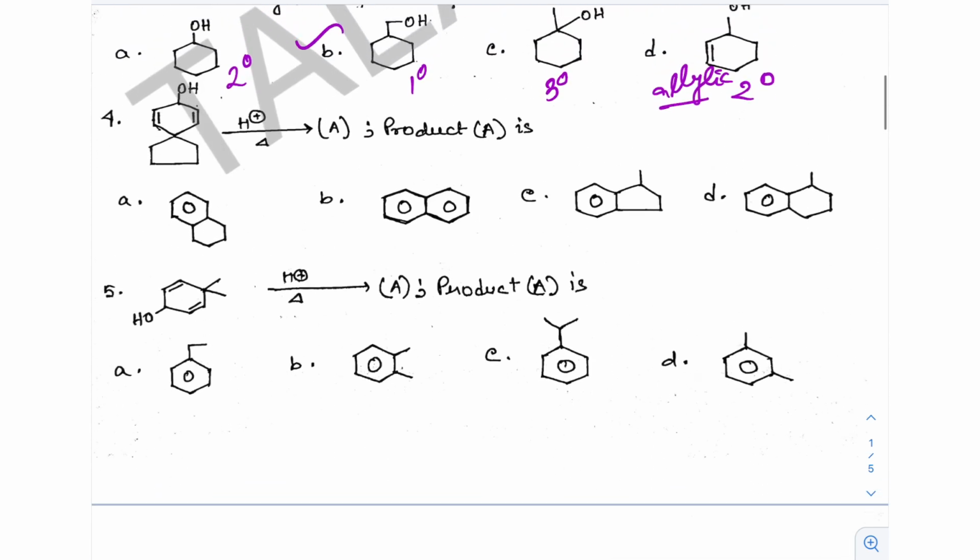We will move to question 4. So this is a spiro sort of compound that is being again treated with H plus in presence of water. In the first step, this OH will take this H plus, and then what you have to guess is that this 5-membered ring, if it gets a chance, will be expanded to 6-membered, and this will try to get aromaticity.